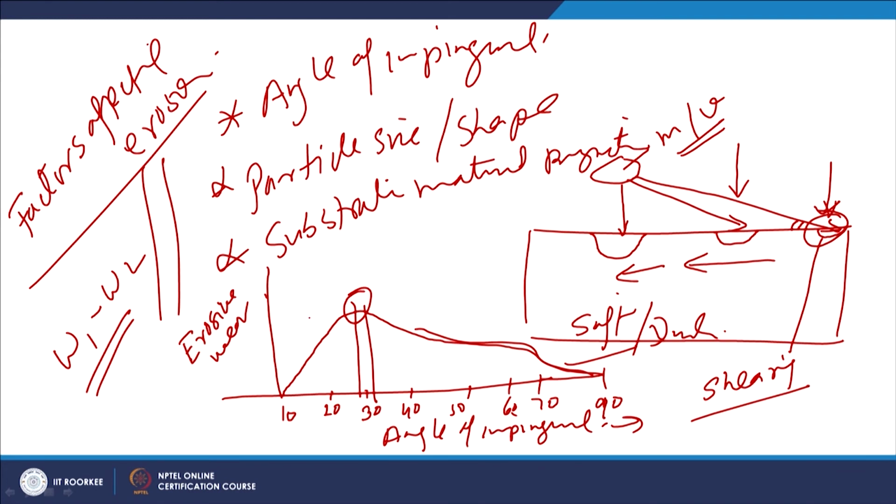Before that the severity of impact is less, so the depth of indentation is also less, and at about 30 degree it causes enough depth of indentation and removal of material by shearing action, while at further higher angles of impingement more plowing action takes place. Despite having greater depth of indentation, we do not get much removal of material from the functional surfaces, and that is why erosion at higher angles of impingement decreases in case of soft and ductile metals.